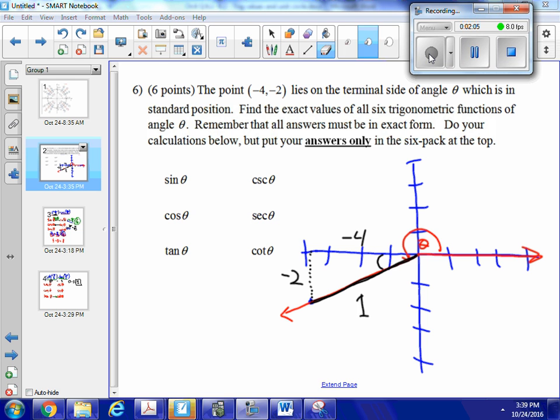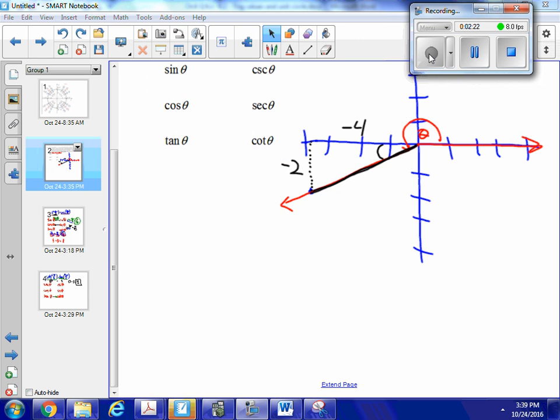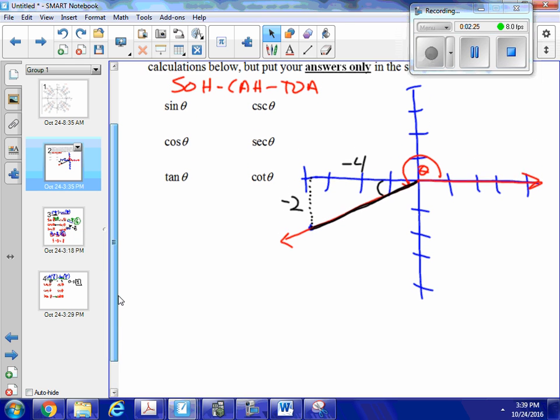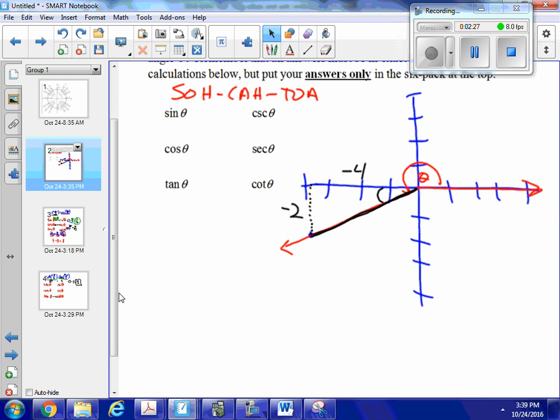So that's not going to work at all. In order to calculate my trig values, I'm going to have to use Sohcahtoa. And I'm going to have to find out how large the hypotenuse is.